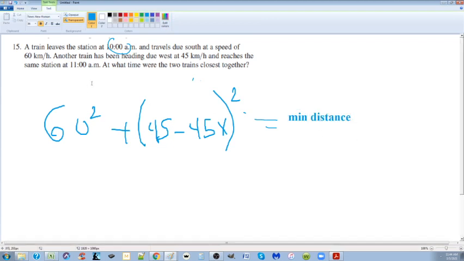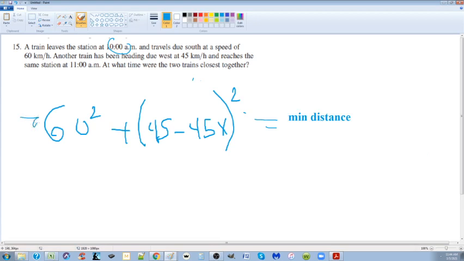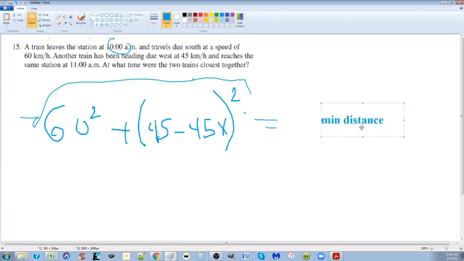So if I'm going to find out the min distance, I got to do this. So I believe I just have to solve for x now. Okay. I think either that or it's 60x squared, where x is the time he's traveling. It's really t. So 60 times his speed. And this is a distance of 45 minus 45 times his speed.